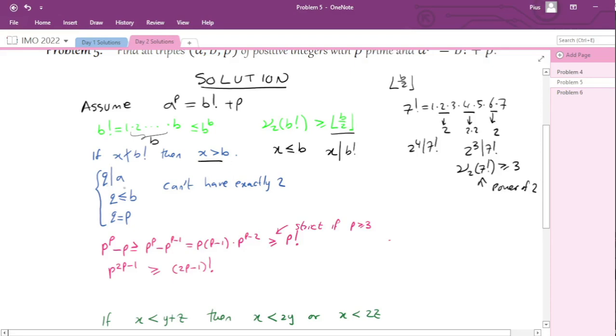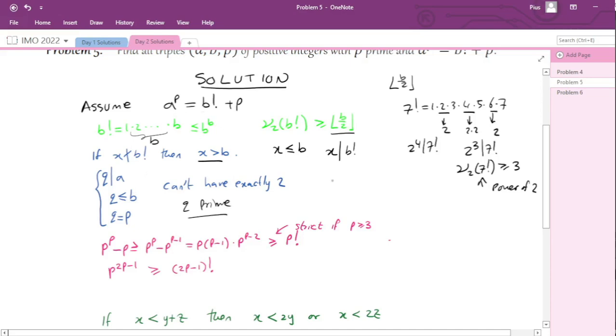Next, look at this set of three values. Here we are assuming that Q is prime. So the claim here is that we cannot have exactly 2 of these.